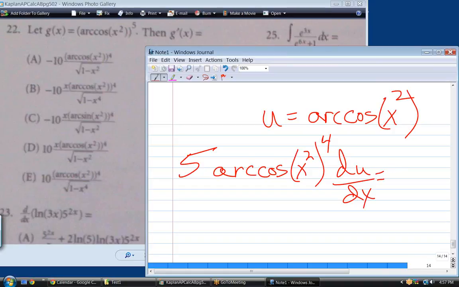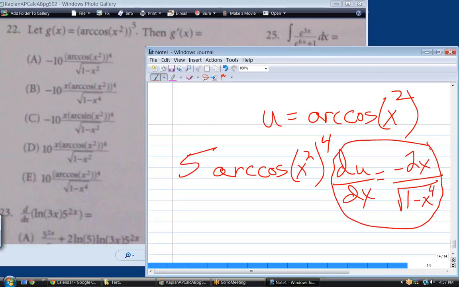So it's negative 2x divided by the square root of 1 minus x to the fourth. You see how I got du dx? In other words, I had to apply the chain rule to this also. And notice that instead of x squared down here, I had to substitute x squared for x, and so I got x to the fourth in the denominator.